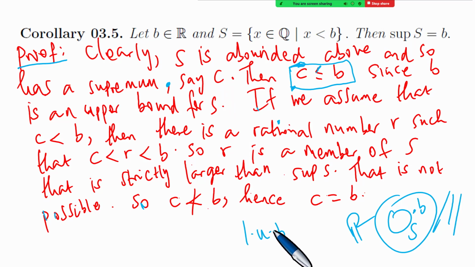So it is not possible to find that R is bigger, because that would make R an upper bound also. So it means, therefore, C is not less than B.